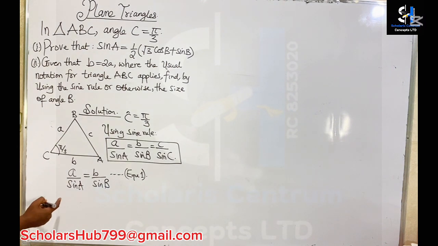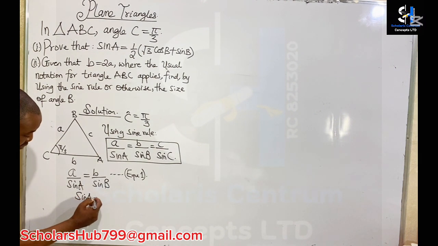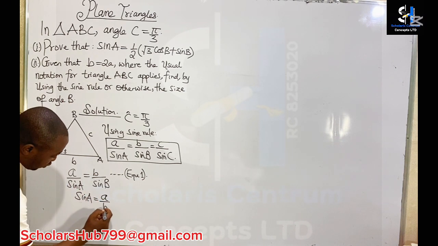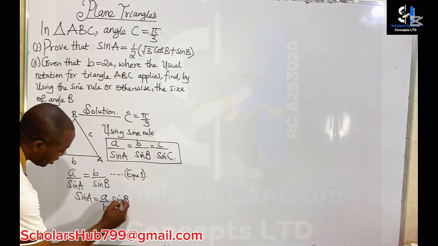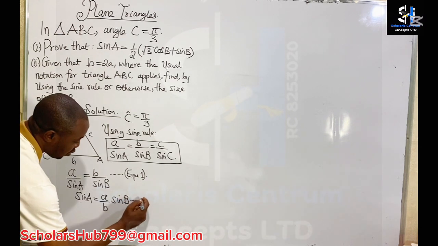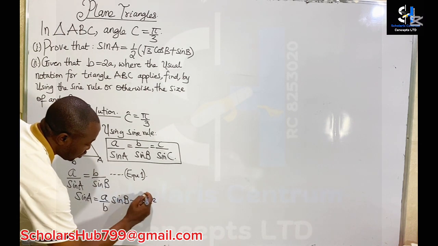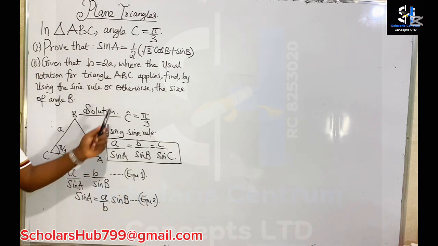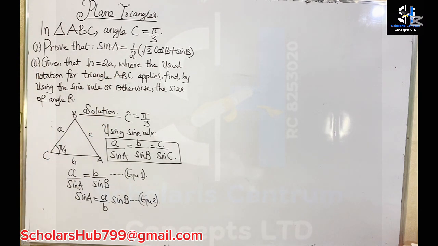So from side A over sine A equals side B over sine B, sine A would be A over B sine B. Let this be equation 2. This is what we're going to use to prove this identity, and we're going to get there.